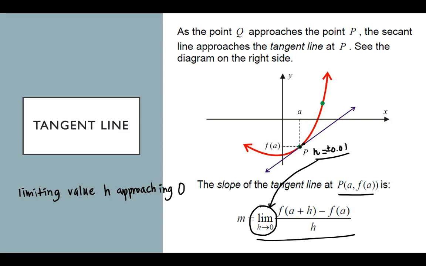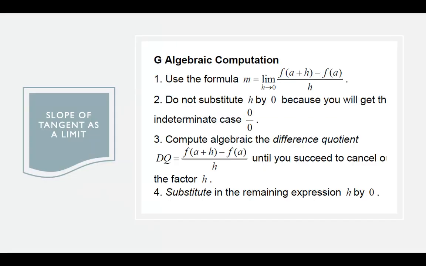So we're taking the limit of the slope of a secant as Q approaches P along the curve. You always have to write limit as h approaches 0 every time you're looking for the slope of a tangent line. These are the 4 steps that you have to remember.